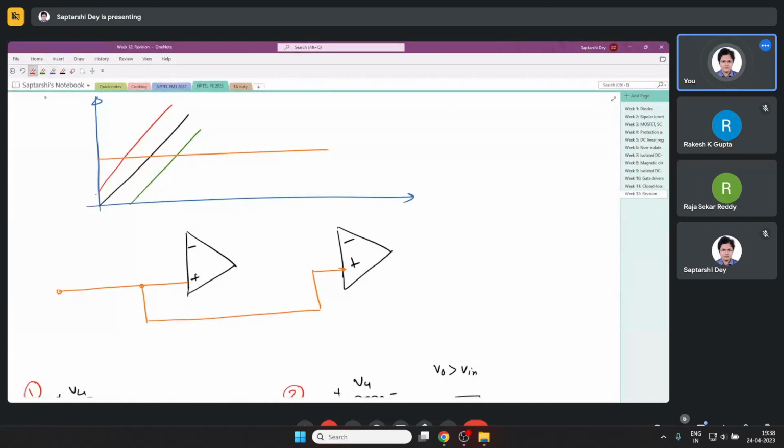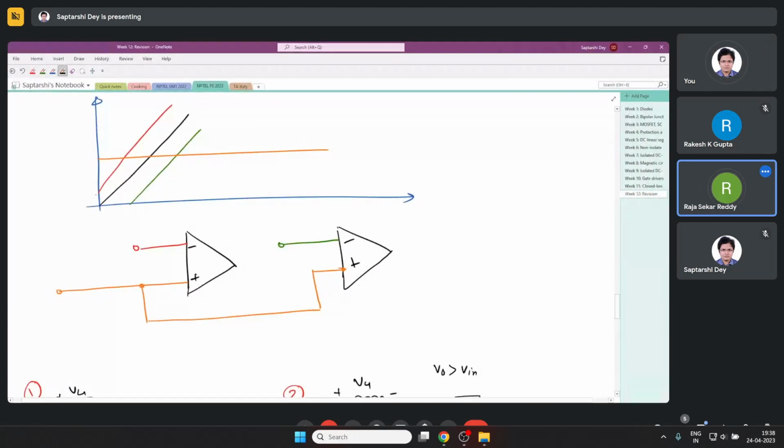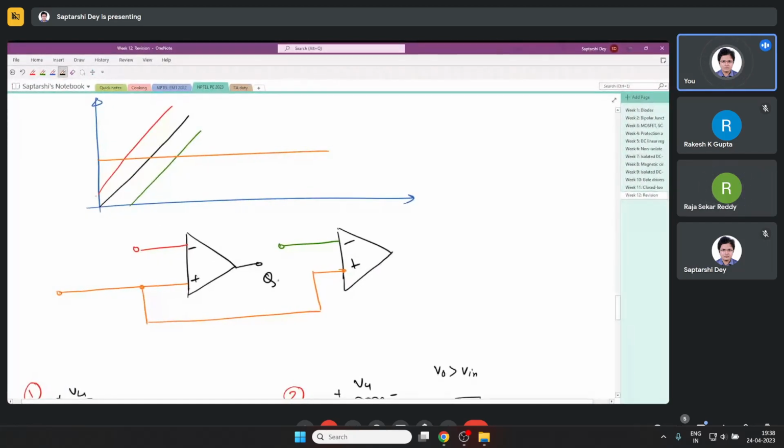One carrier wave goes here, another carrier wave goes here. Then this output goes to Q1, and this output goes to Q2.